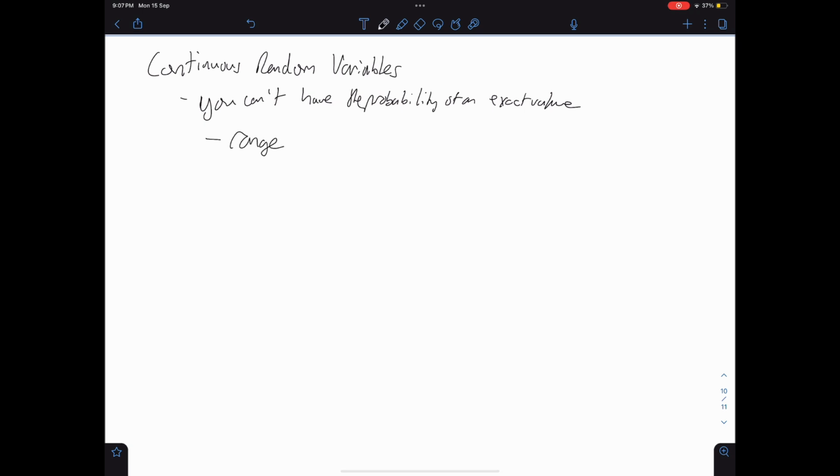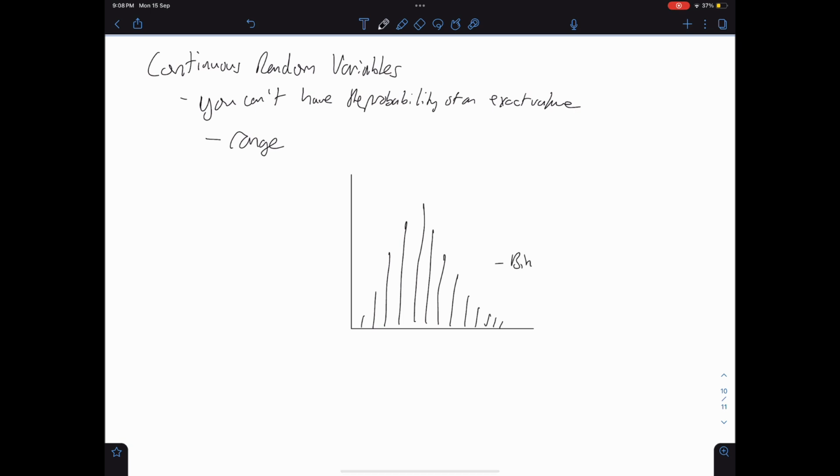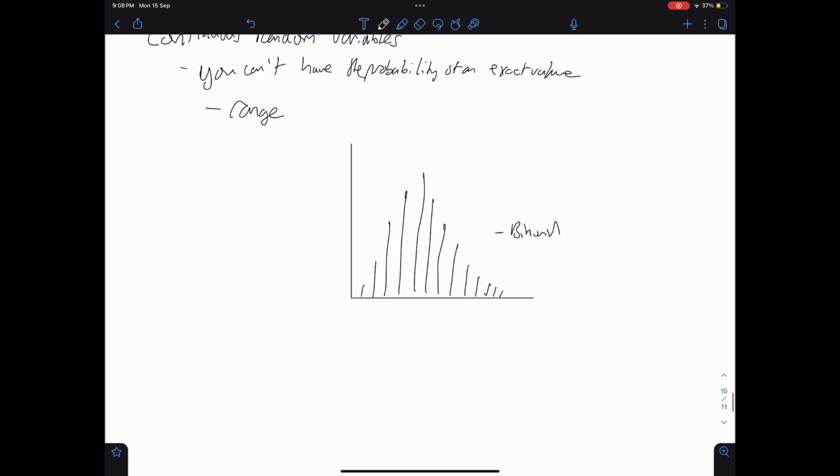And so this means that when you graph it, I think you saw with binomial, it's like this. It peaks at the... this is like binomial. And these things are actual probabilities. And it's the same for geometric.